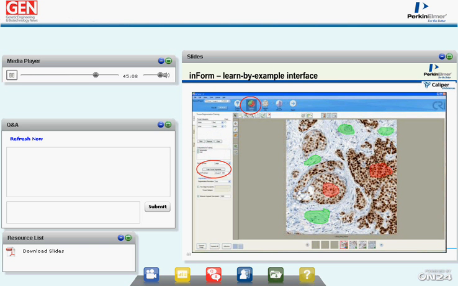The next step is to use the computer mouse to draw training regions on the image. In this case, we've decided to segment the image into areas of tumor and stroma. Once we've drawn some training regions that exemplify the tissues, we hit a button in the software called Train Tissue Segmenter.